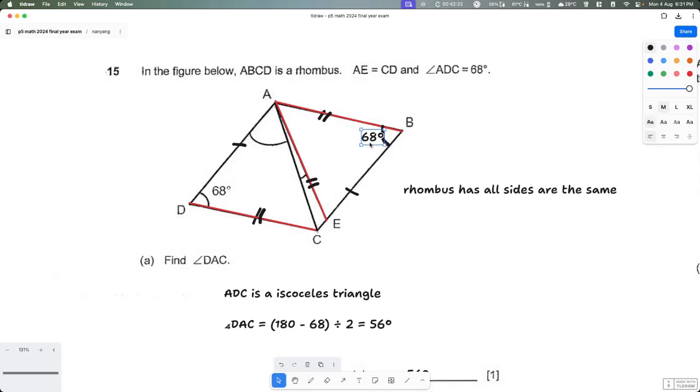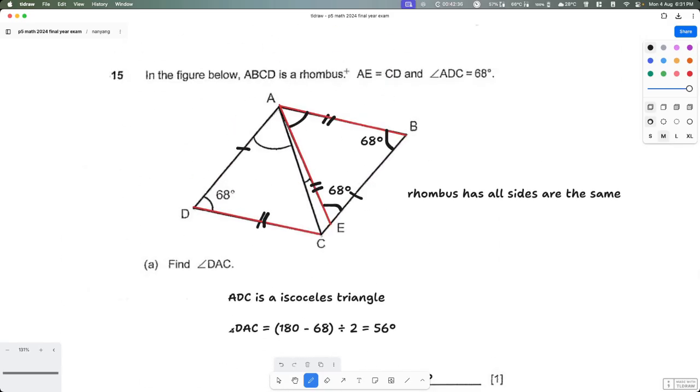All right, so this is 68. This is 68 as well. And then I'm just going to draw this here. And now we know that this is 44 degrees, right? So we have 44. All right, so at the same time, we also know that this is 56 degrees.